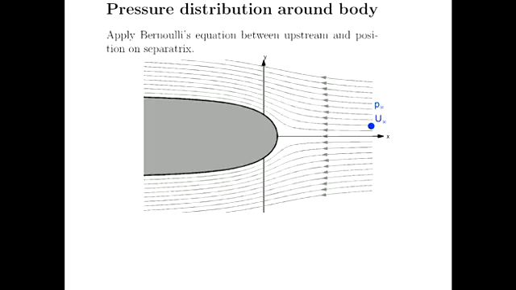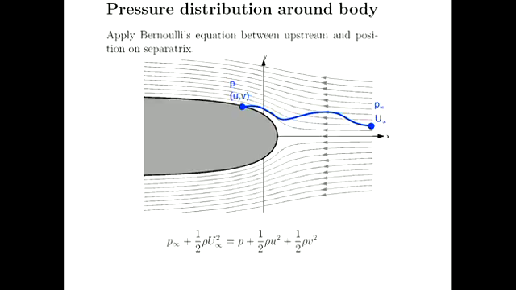If this was a nose cone, u infinity would just be the speed that vehicle was moving at, and p infinity would just be the ambient pressure. And we can apply Bernoulli's equation along any kind of arbitrary line. Really, we can apply it between any two arbitrary points in space, and write out a relationship between p infinity and u infinity, and p, u, and v at some other point in space.